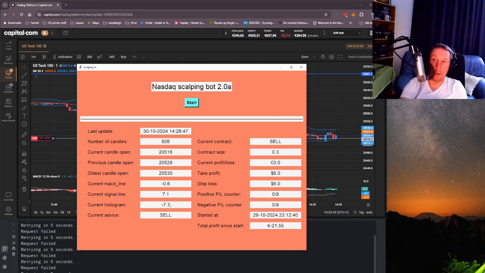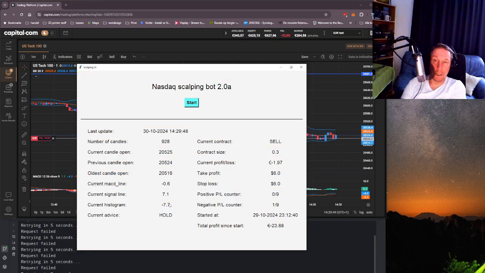Then I fear if it will go up, we get a stop loss instantly. It's only if the market opens downward, then we have a profit. There the market goes.